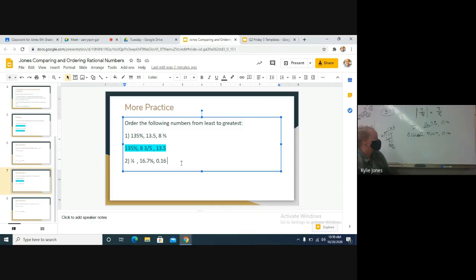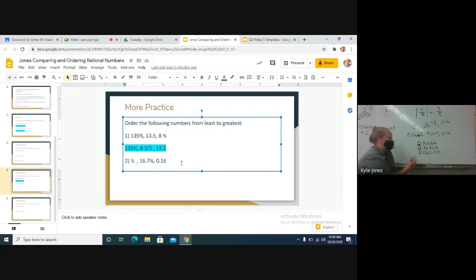Okay. We need to put them in order from least to greatest. So I'm going to put them on top of each other so we can compare. It's easier to do that. So I put them on top of each other and added some zeros. So if we look at it, the zeros in the ones place are all the same.